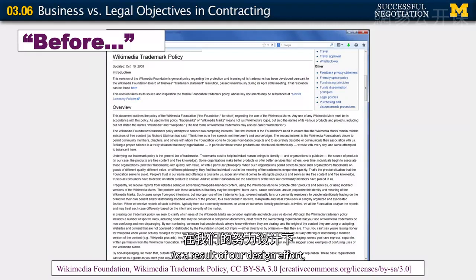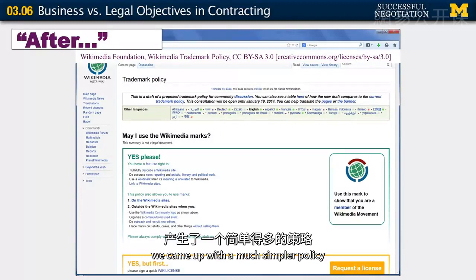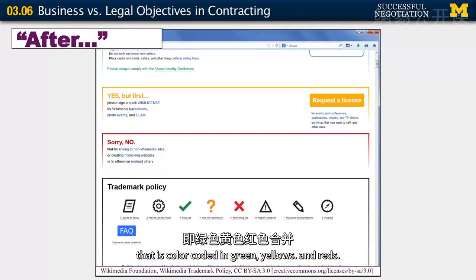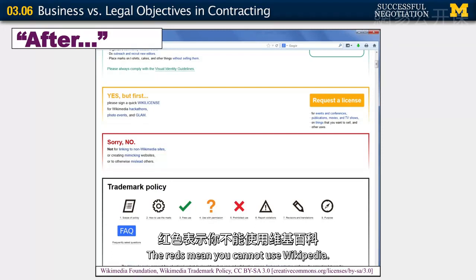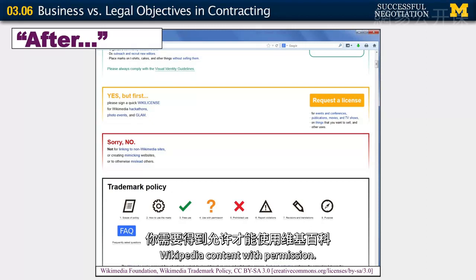As a result of our design effort, we came up with a much simpler policy that is color-coded in greens, yellows, and reds. The greens basically means you have free use of Wikipedia. The reds mean you cannot use Wikipedia, and the yellow says you can use the Wikipedia content with permission.